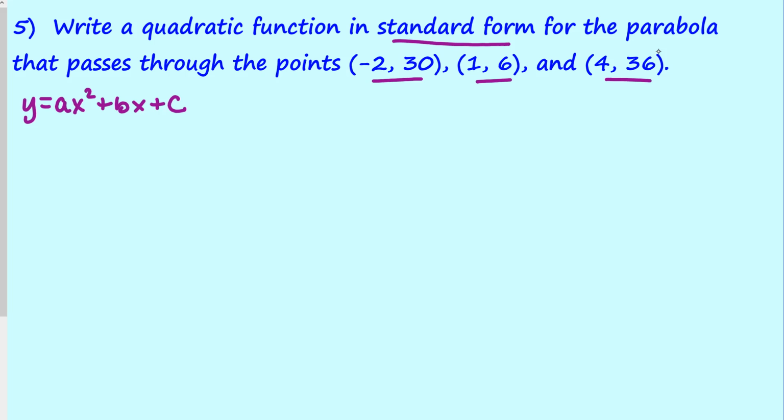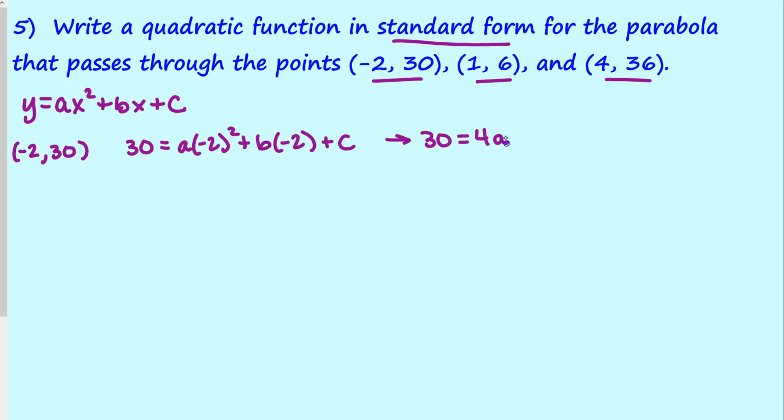So I'm going to take the first ordered pair, -2, 30, and substitute -2 in for x and 30 in for y. And we get 30 equals a times -2 squared plus b times -2 plus c. That simplifies to 30 equals 4a minus 2b plus c. And then the second point, 1, 6.